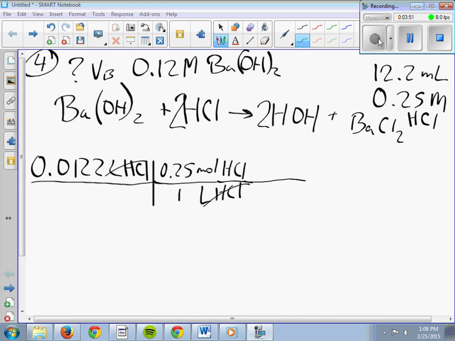So if I want to get rid of moles of acid, I'm going to put this on the bottom. And I should be able to relate to moles of the base. How do I do that? Equation, which has the mole ratio, where for every 1 of these, there are 2 of these.